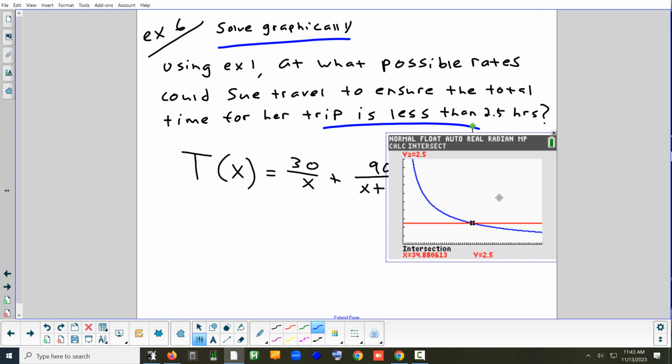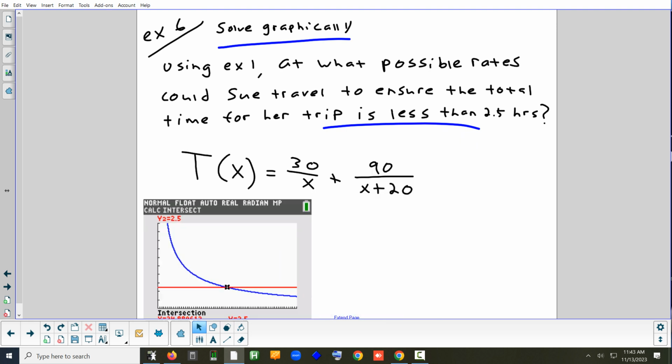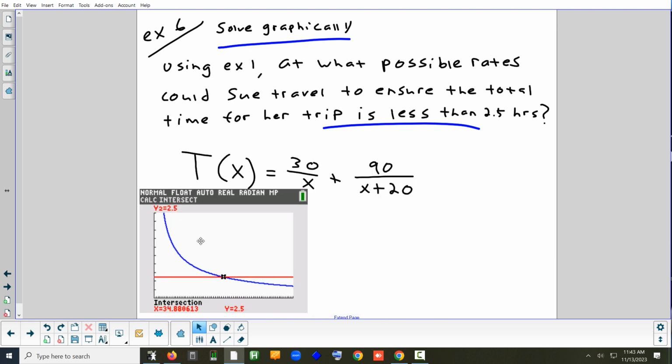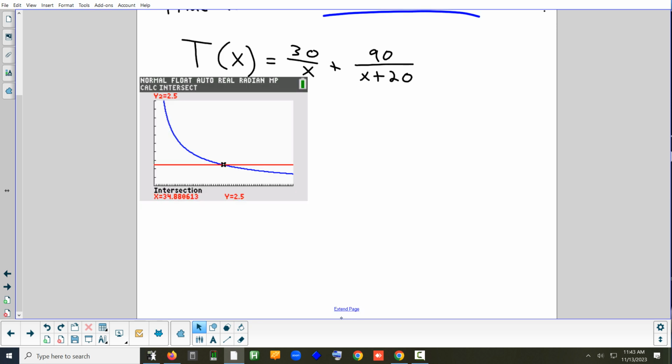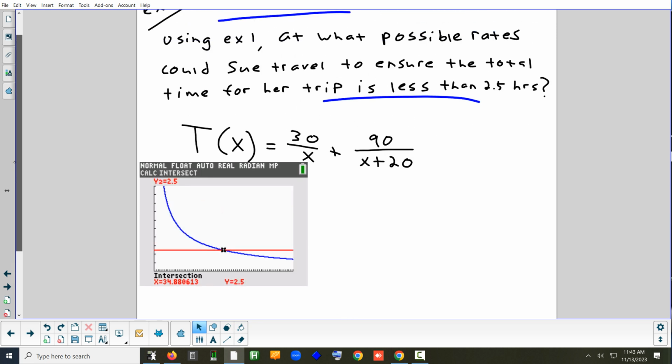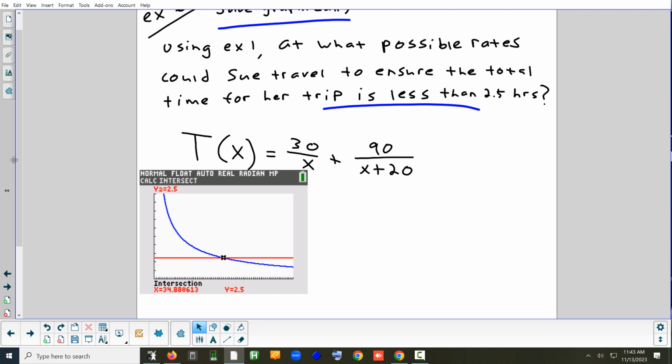Now I want to write the answer to the question they asked though. It says, at what possible rates could she travel at to complete the trip in less than 2.5 hours? If she travels 34.88, she will complete the trip in exactly 2.5 hours.